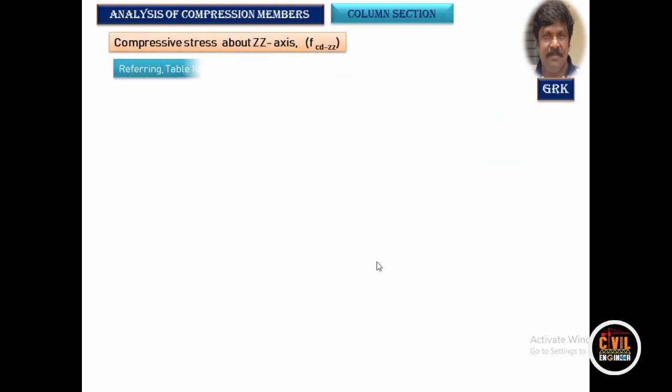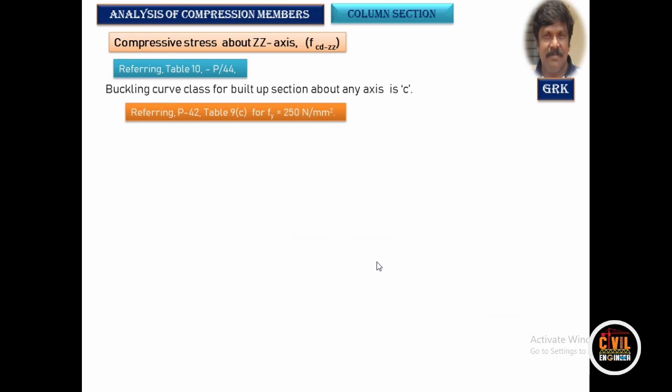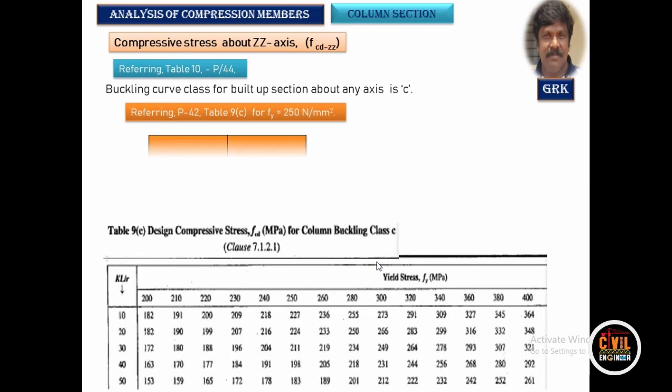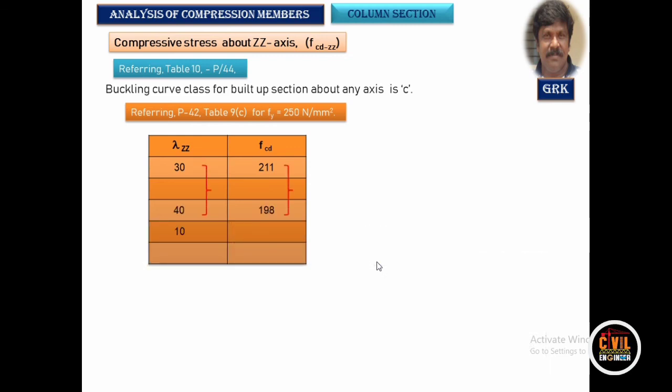Looking into the table, buckling class is as usual C. Now for 31.56, what is the value of FCD?